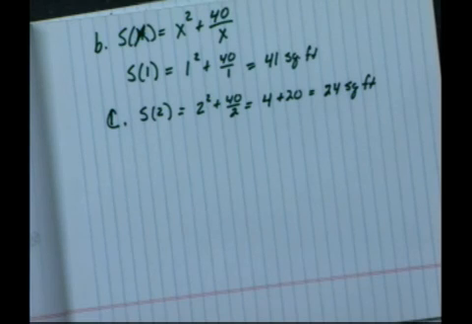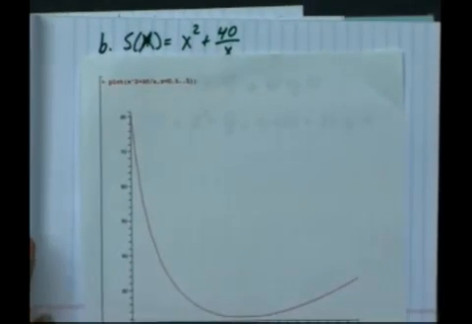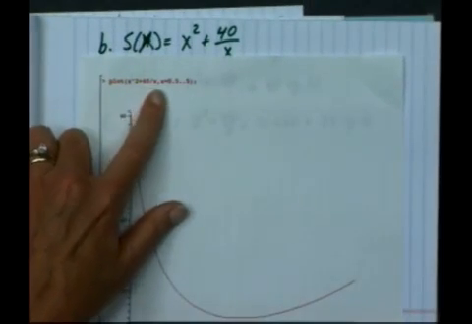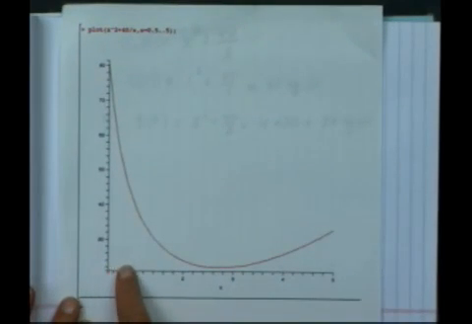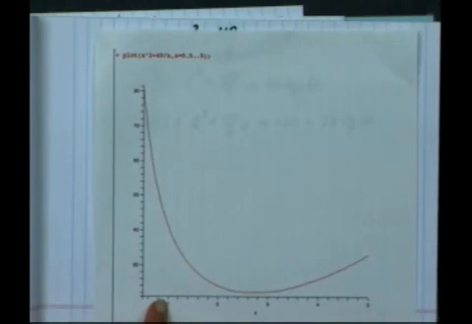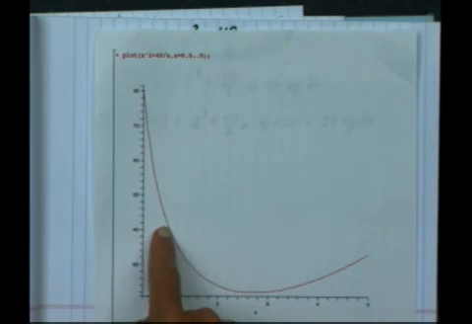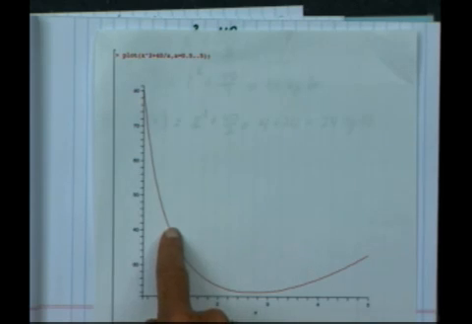All right. What I have graphed here using Maple is this function x squared plus 40 over x. Along this axis is the dimension of the base, x. If it's 1, we found the surface area to be 41. So when x was 1, right here is the surface area, 41.